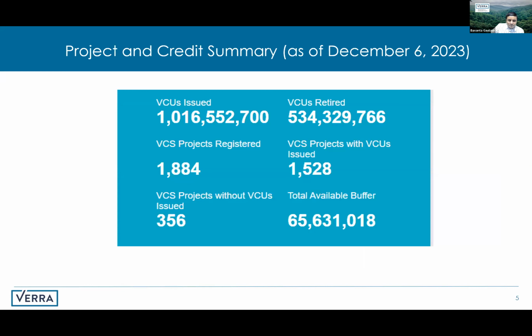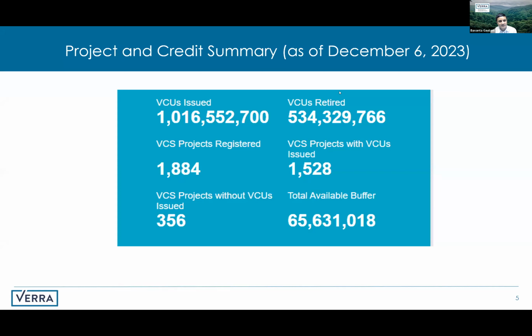And here, these are the numbers. Actually, I took this screenshot from our registry. So if you want to know more about this, you could check our registry, which is registry.vera.org page. So basically just to show the volume of the credits and the number of the projects that we have at the moment in our registry.